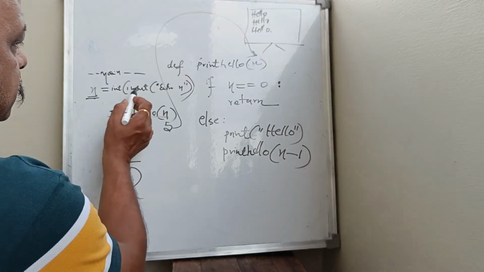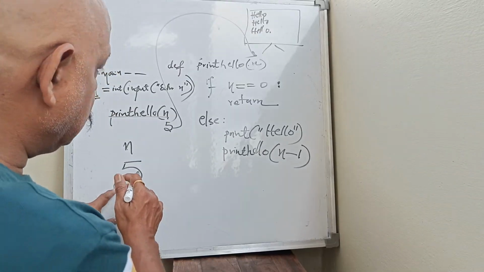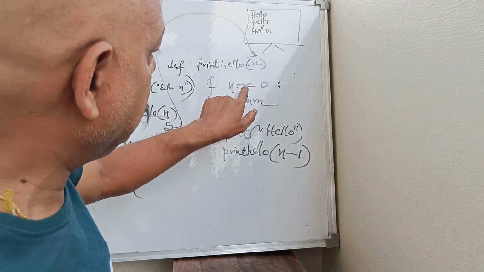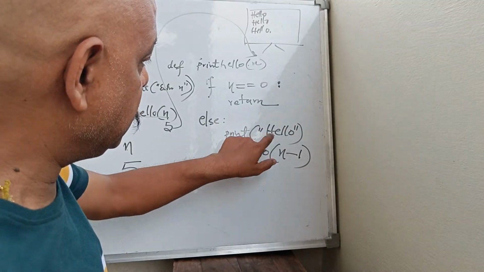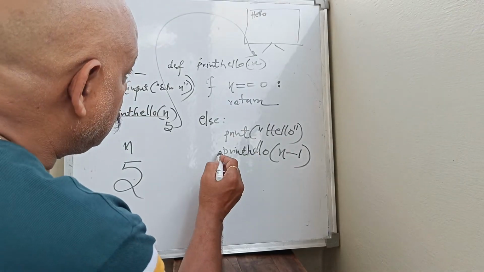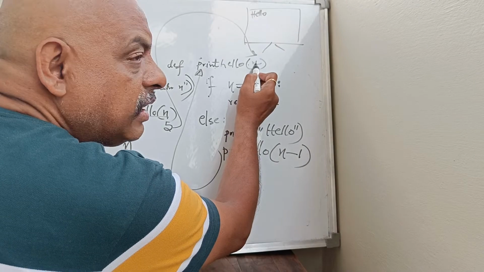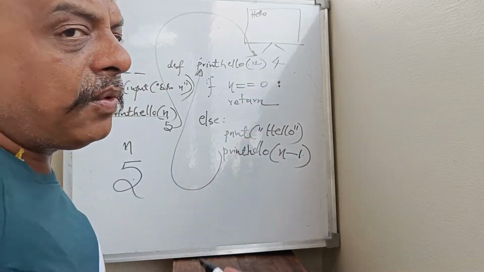N is 5. You read the value from the keyboard, give the value 5 to n, and call the function print_hello with the value 5. 5 is transferred to n. Is 5 equal to 0? False. So this will not be executed; else print hello. Hello will be displayed on the monitor. Now you are calling the same function with n minus 1, so 5 minus 1 becomes 4.